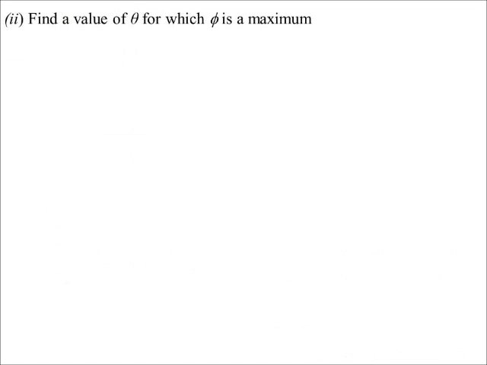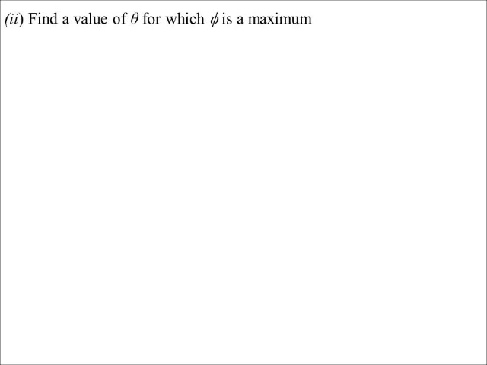All right, we're going to find the value of theta for which phi is a maximum. Okay. We've just found an expression for tan phi. We want to know when that is a maximum. But it involved this constant. What was our constant? It was a squared minus b squared over ab. That's not going to change. Right?